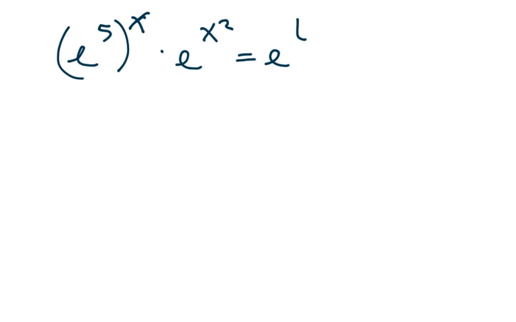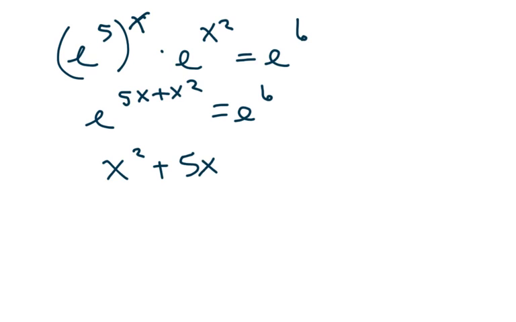And we have one more. e to the 5th power to the x times e to the x squared equals e to the 6th. So basically that's e to the 5x plus x squared equals e to the 6th, which gives you x squared plus 5x minus 6, set it to 0.